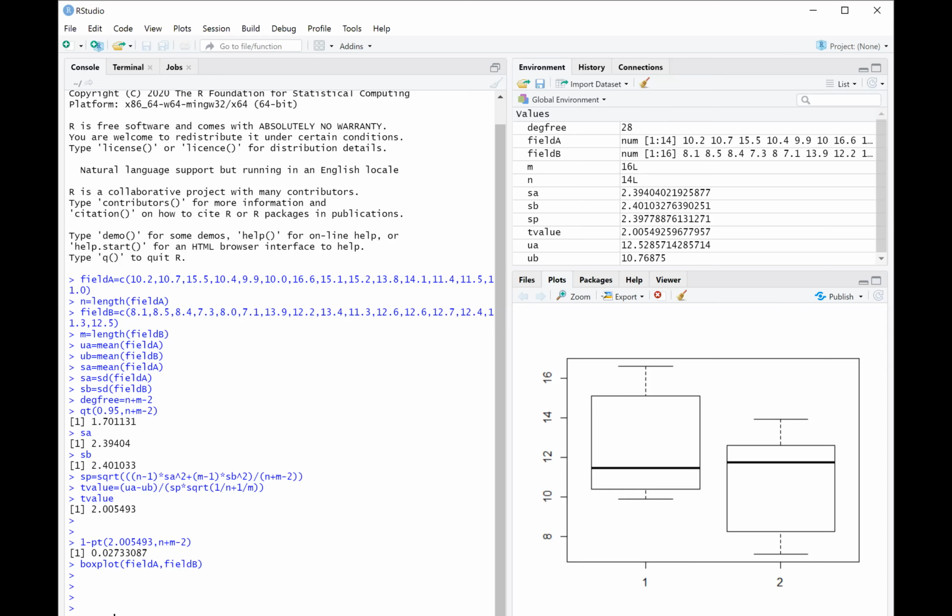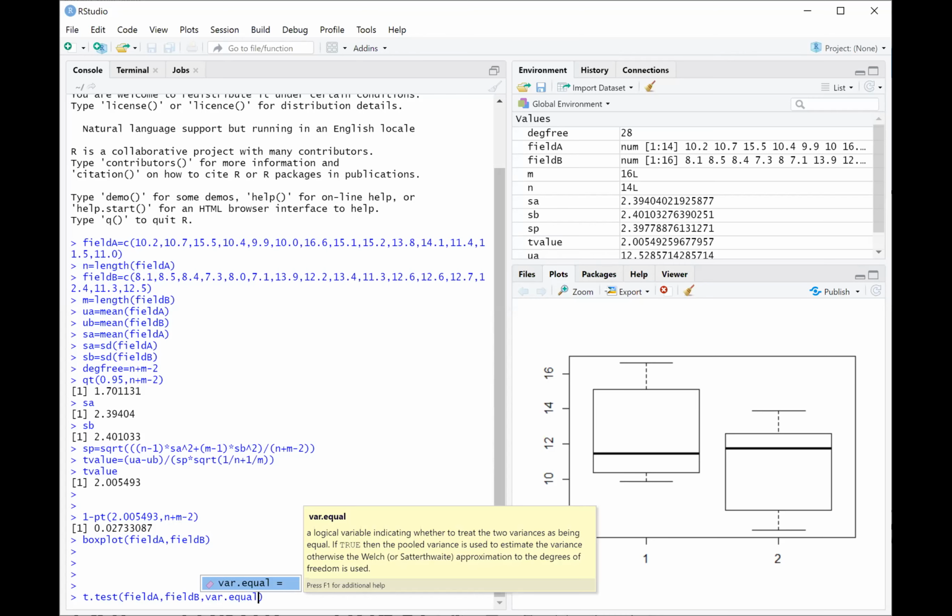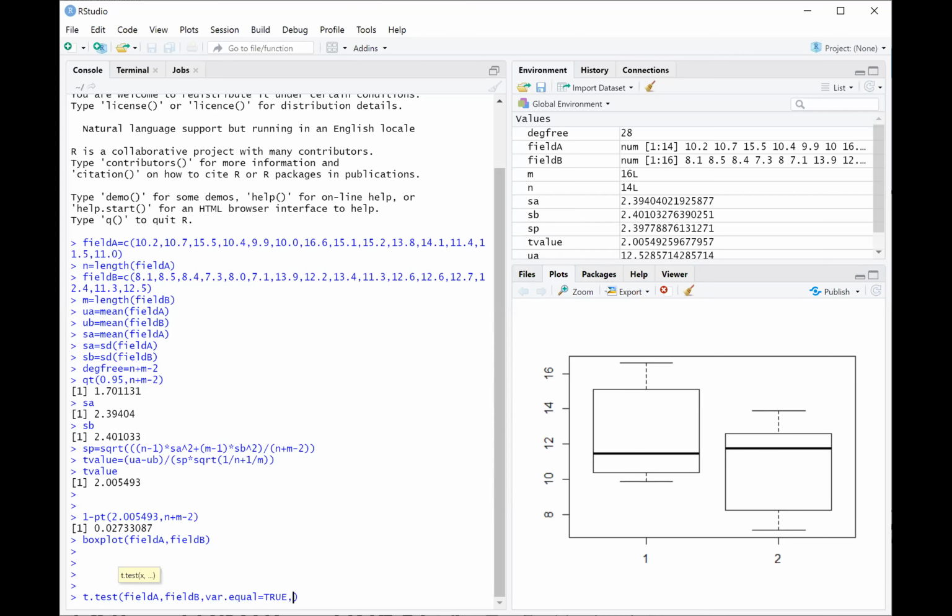So let's do the t-test. So the t-test, we have data A, we have field A, we have field B, but we've made some assumptions. The first thing we assumed was that the variances were equal. So we need the command var.equal is true.